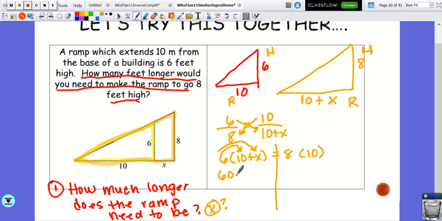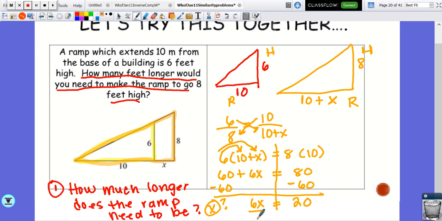So I get 60 plus 6x equals 80. Now I have a problem on the left side. This constant belongs on the right side, and it needs to cross over the line, so I have to change its sign. So I use 60 minus 60. So here we get 6x equals 20.